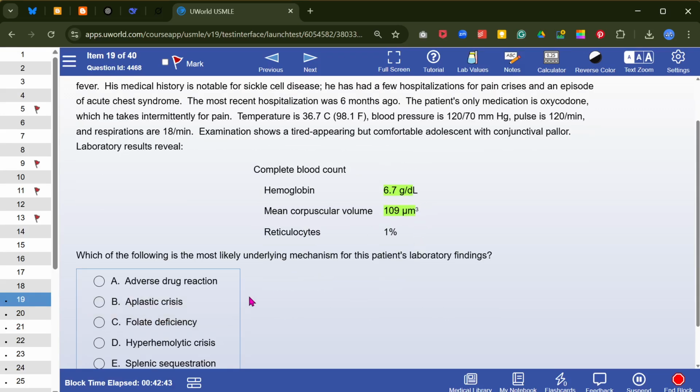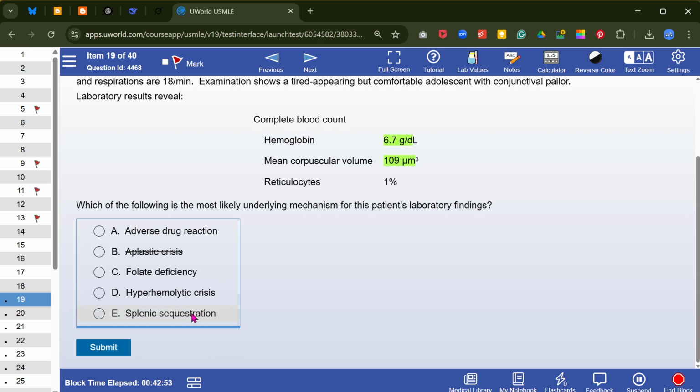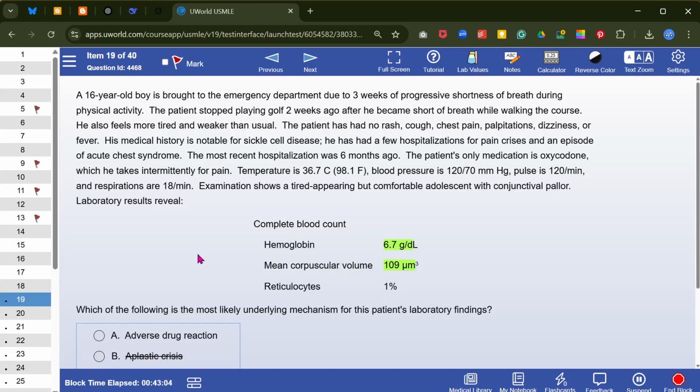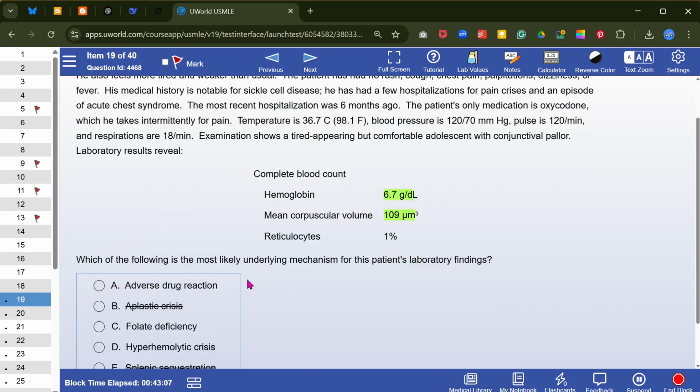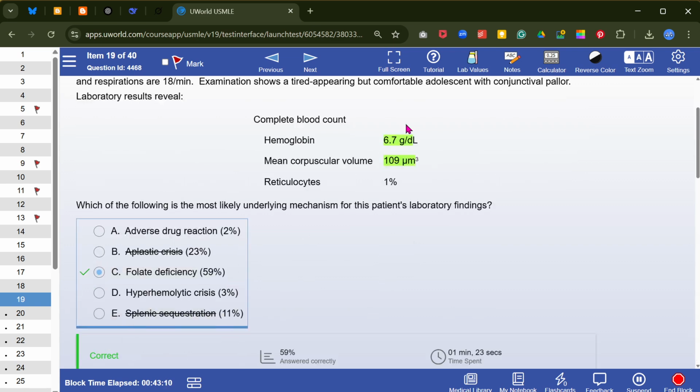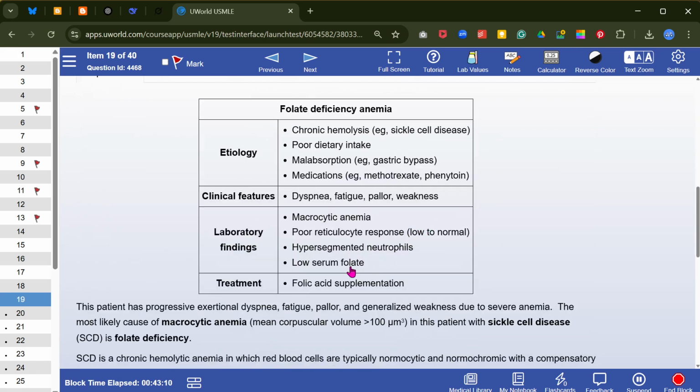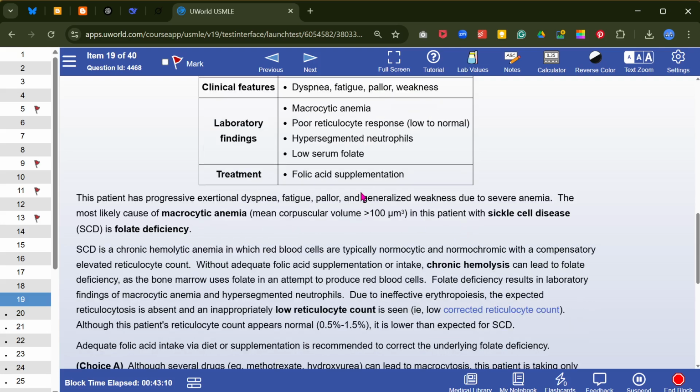Aplastic crisis, reticulocyte count will be low, absent. Here, reticulocyte count is normal, not aplastic. In splenic sequestration crisis, it is high, so it is not. Is it due to drug? Is it due to folate? Apart from the high MCV, I don't know how people diagnose this. Medicine is all about guess.